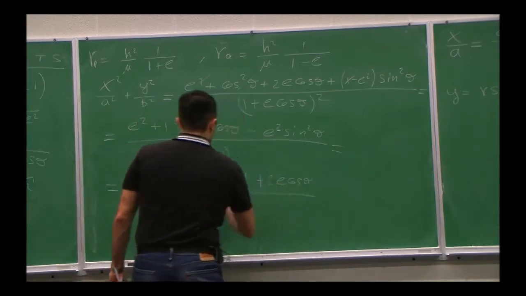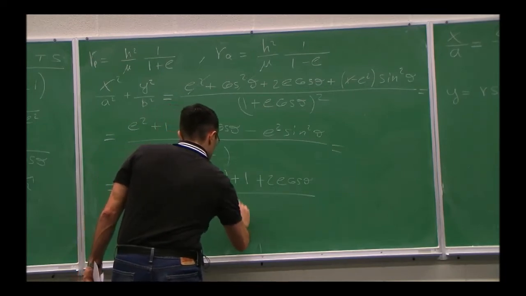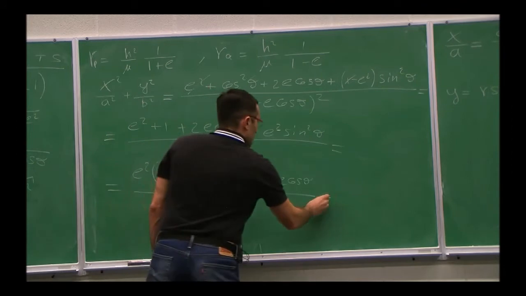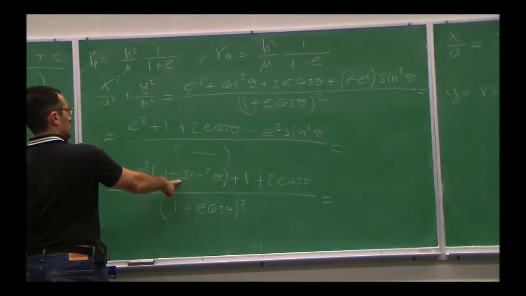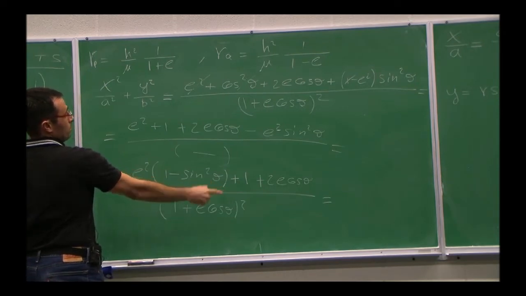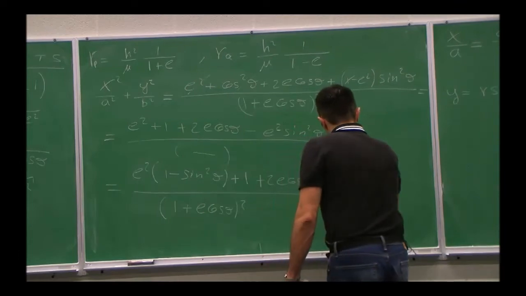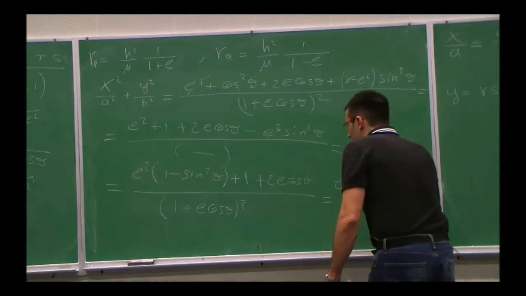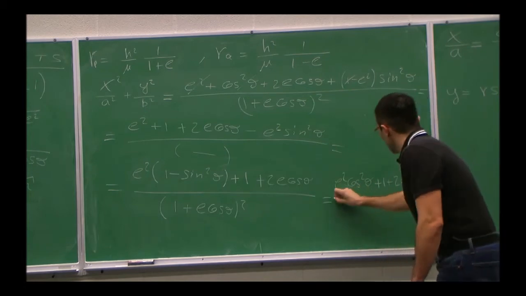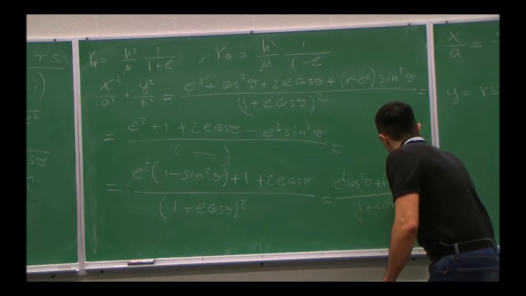You know where we're going here, right? I need to get the same thing that I have in the denominator, otherwise I don't get a 1, right? I need to get exactly this, otherwise it's not working. This is what? It's cosine squared, right? E squared cosine squared of theta plus 1 plus 2e cosine of theta over (1 plus e cosine of theta) squared.